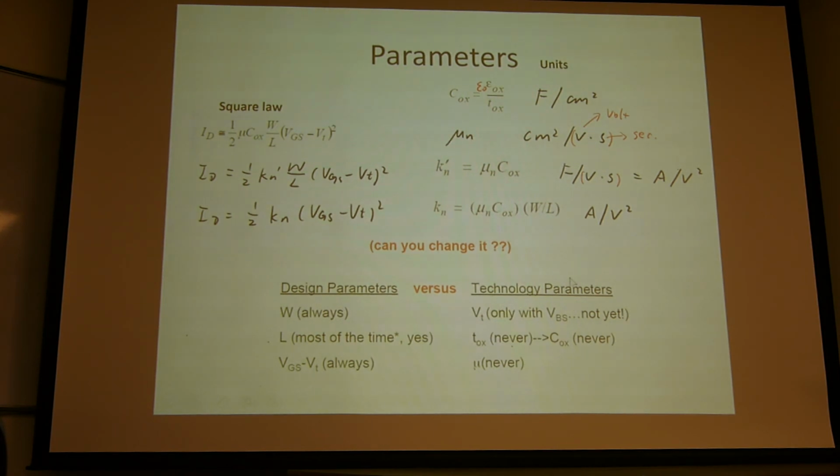But if you are a device engineer, for example, if you work for TSMC or Samsung Foundry, they fabricate the transistors. Then you can design your threshold voltage. For example, you have learned before, threshold voltage depends on the doping, right? The higher the doping, the higher the threshold voltage.